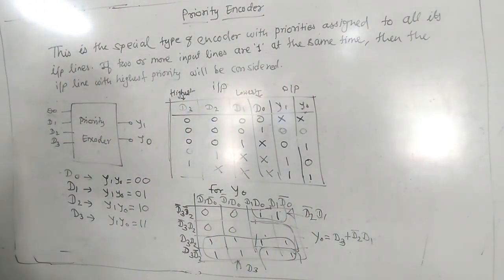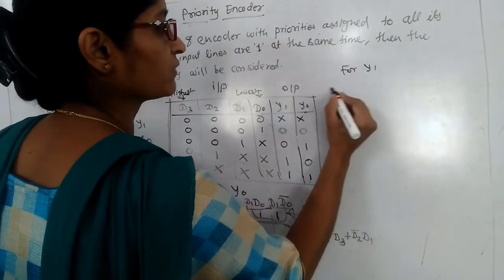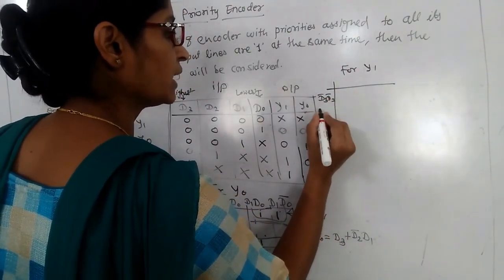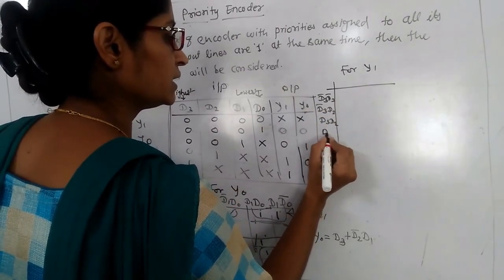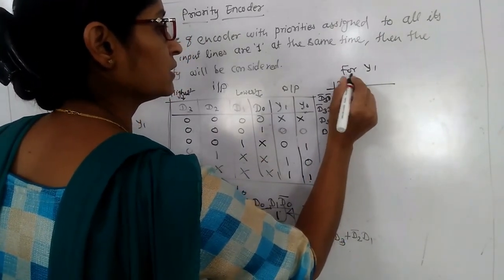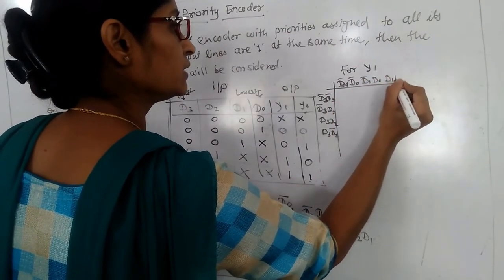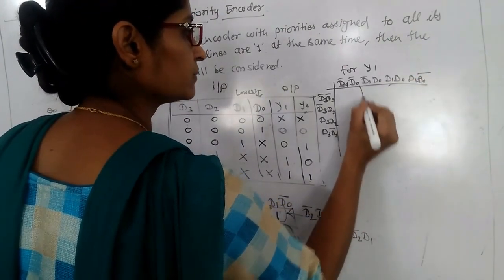Now we have to plot the K-map for the output Y1. Here we have D3 D2 bar, D3 D2 and D3 D2 bar for the rows, and D1 D0 bar, D1 bar D0, D1 D0 and D1 D0 bar for the columns.